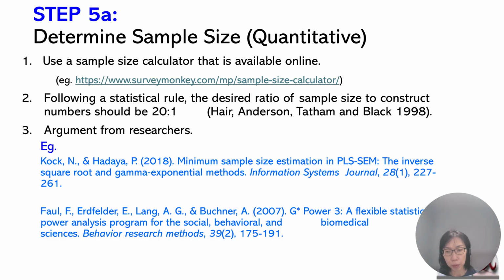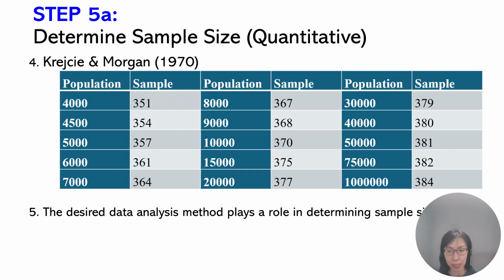Like I just mentioned, non-probability sampling usually happens when the sampling frame is not available. Okay, how about our friends who have the sampling frame? If you have the sampling frame, then you can refer to the Krejcie and Morgan table. Based on the population, this is the desired sample size that you are supposed to collect. All right, so that is about determining the sample size.